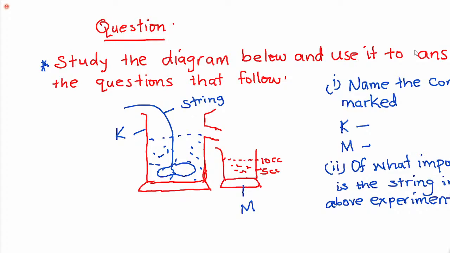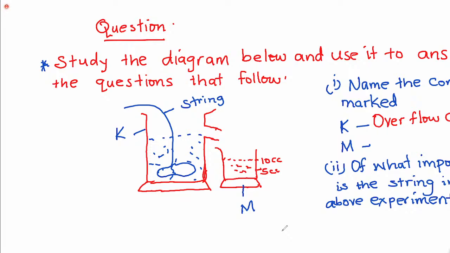Overflow can. Thank you. The container marked K is called an overflow can, or we call it a Eureka can.